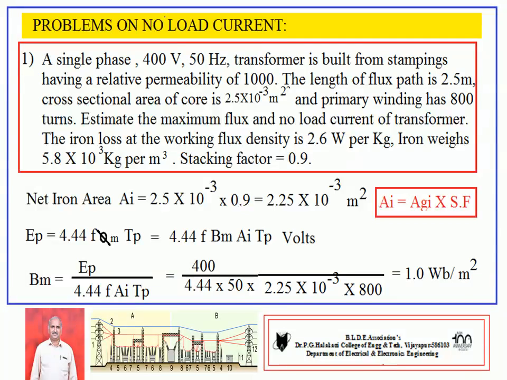So phi m is also equal to Bm into Ai, because we want to calculate the flux density. So already you know all the values. Substitute. We are going to get Bm equal to 1 Weber per meter square.